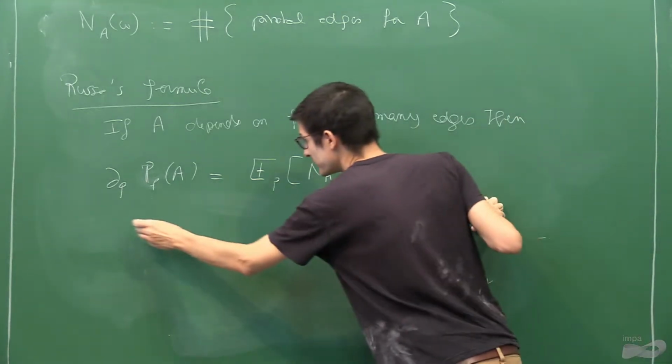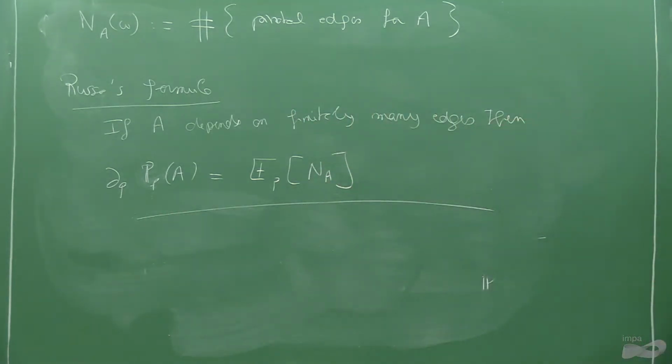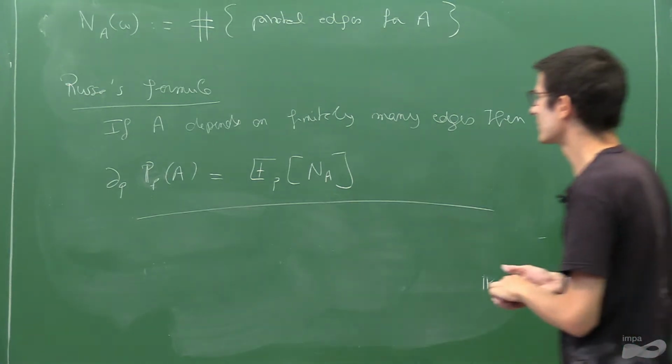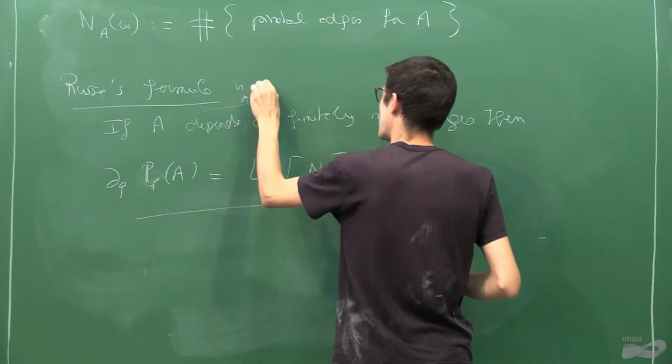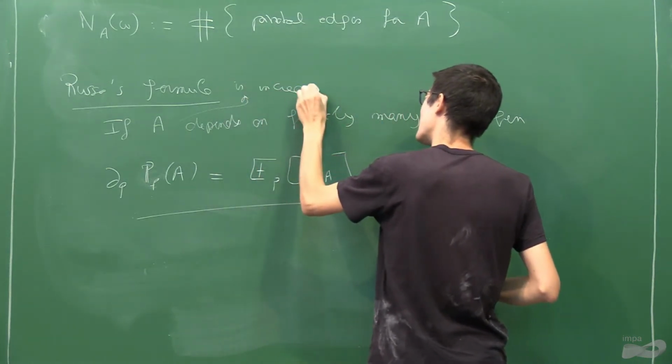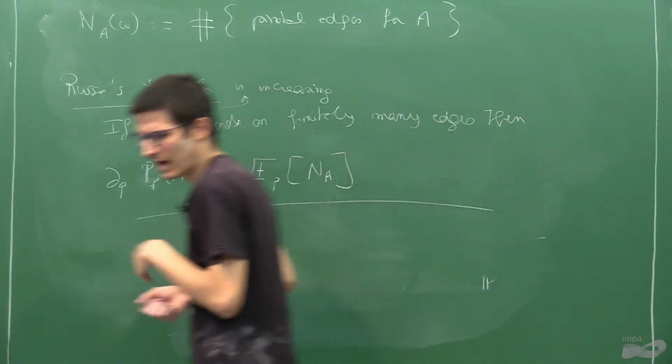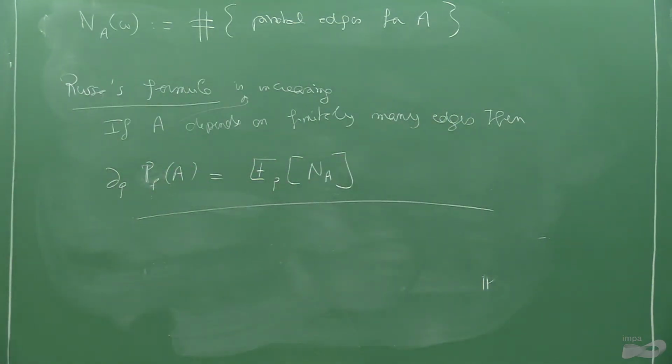Okay, so I've only defined this for increasing events, so I assume here implicitly that A is increasing.